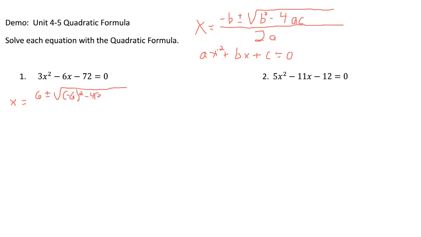A is 3, and c is negative 72. And that whole thing ends up getting divided by 2 times a, which is 3.